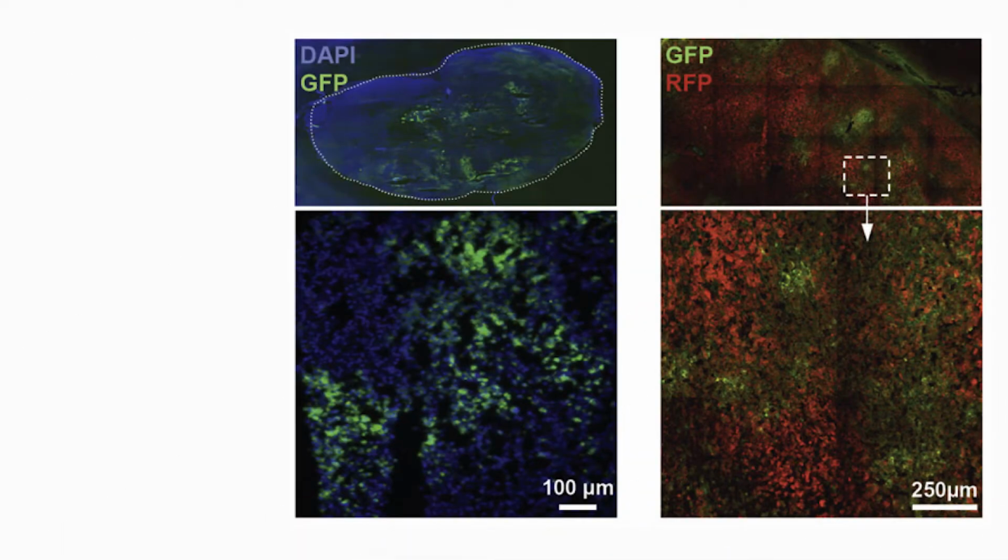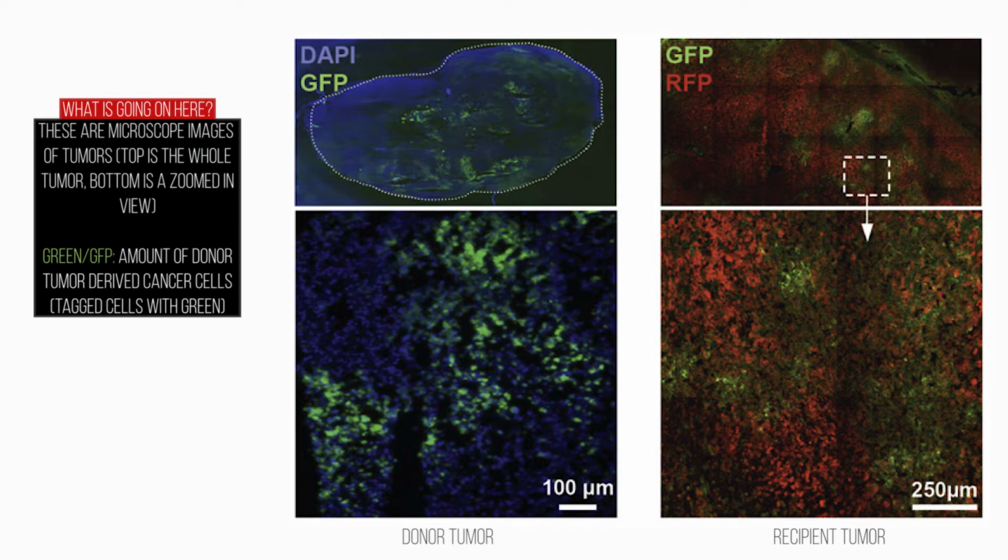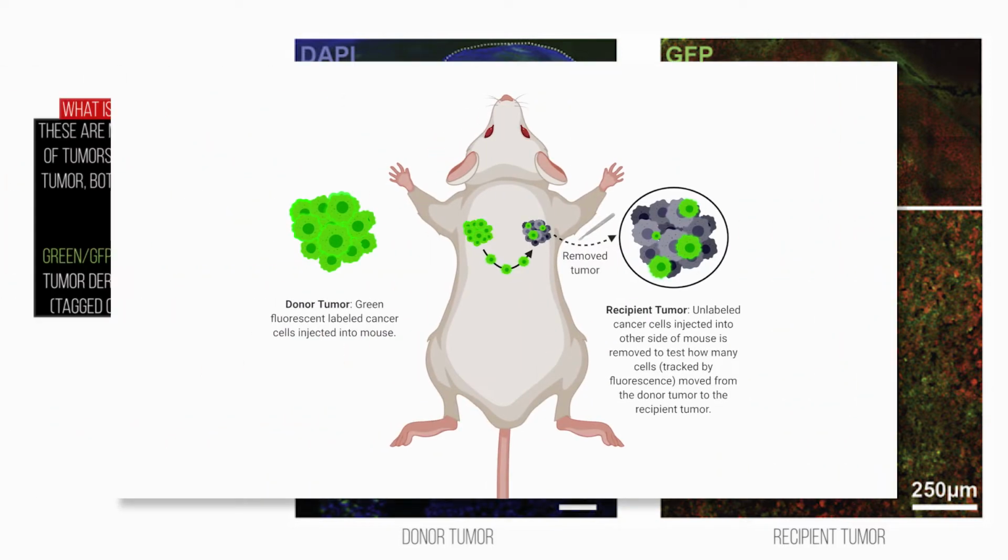And then for figures 1D and E, for D, they're looking at the donor tumor, so the one that has the injection of these highly metastatic cancer cells, and the green fluorescence is those particular cancer cells. Now, the interesting part is looking at the recipient tumor, which is now fluoresced in red, so that would be presumably the less metastatic cancer, or just the tumor itself.